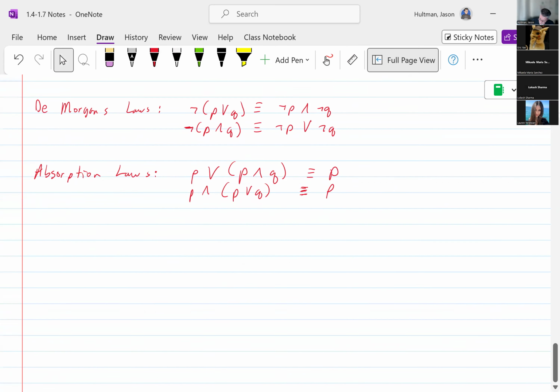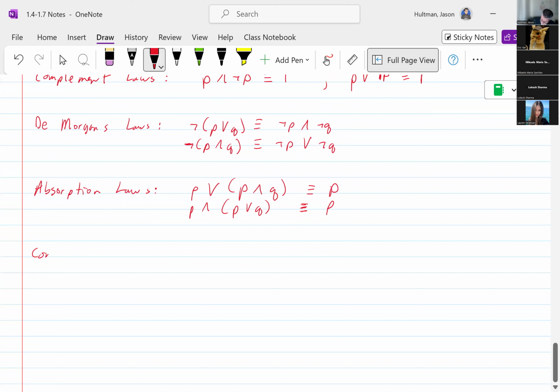Okay, conditional identities. And these are super helpful.